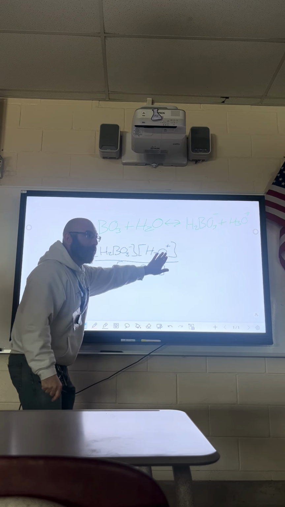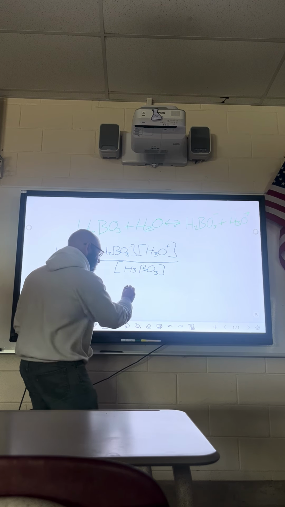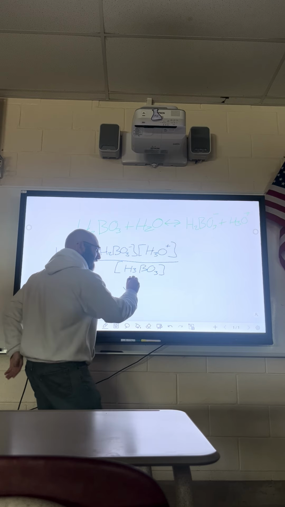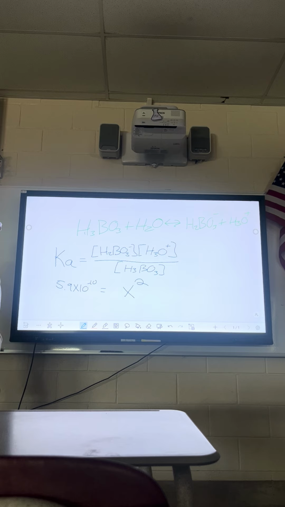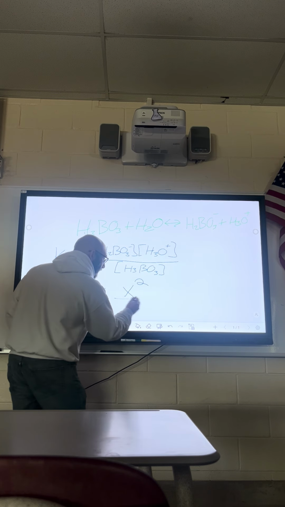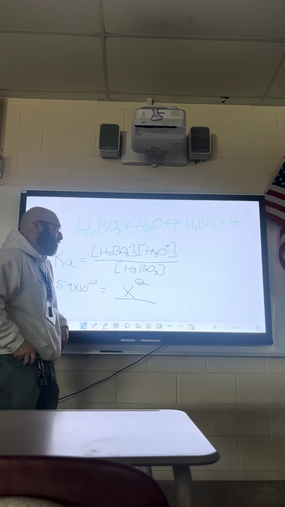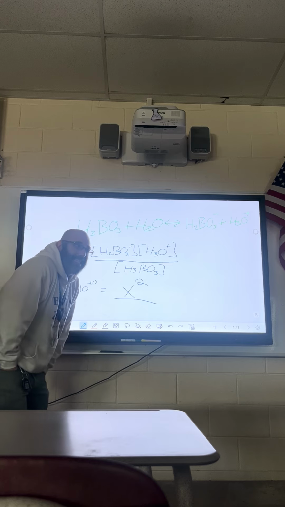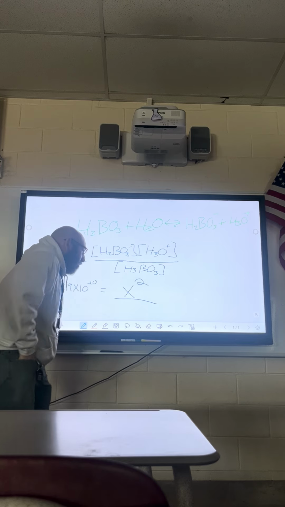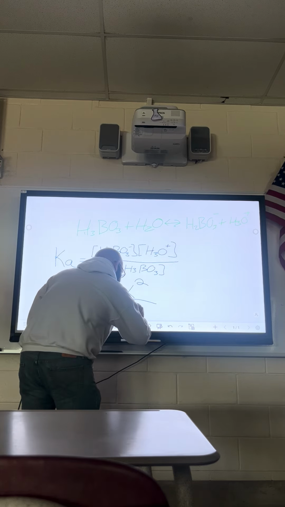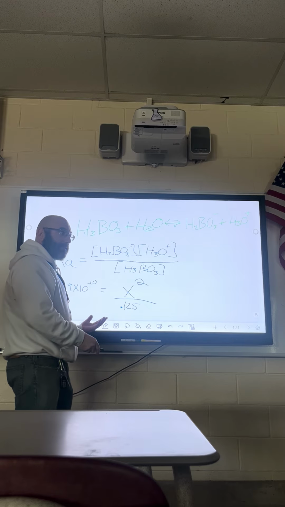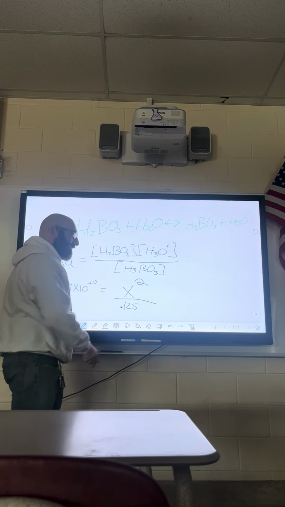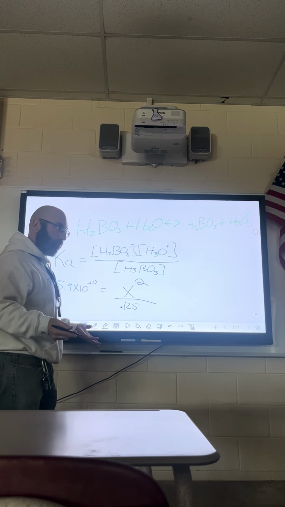Well, if I don't know this and I don't know that, I'm just going to call them both x, and there's two of them, so it's x squared. And on the bottom, it's just the concentration. What was the concentration of the boric acid initially? 0.125. So, to solve for x, we multiply and then take the square root.